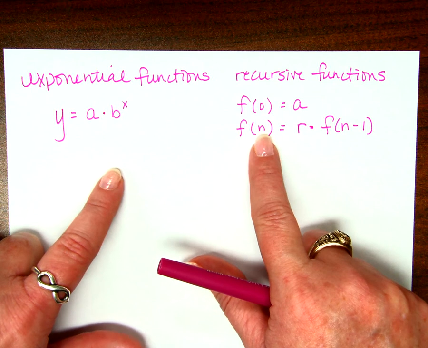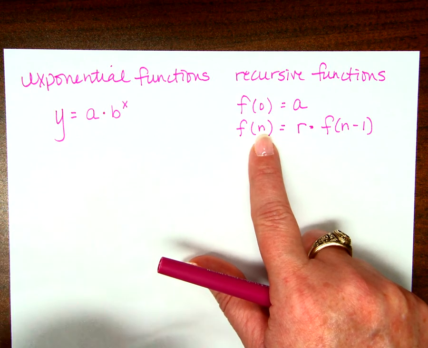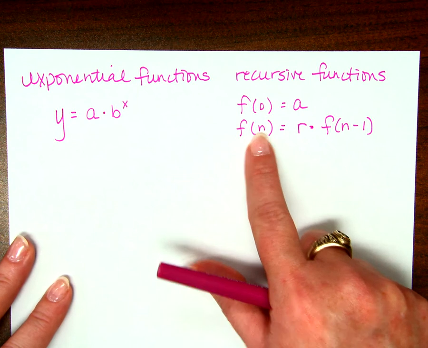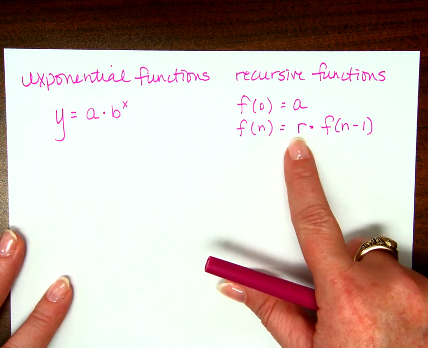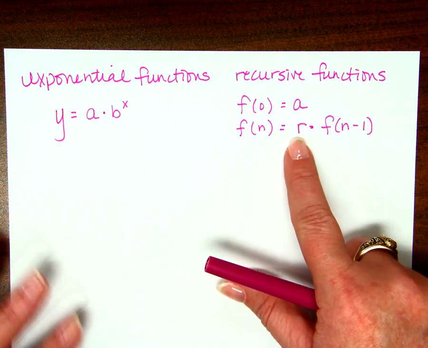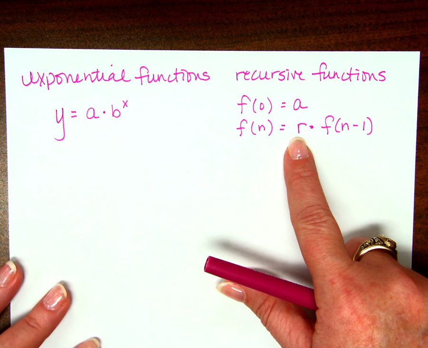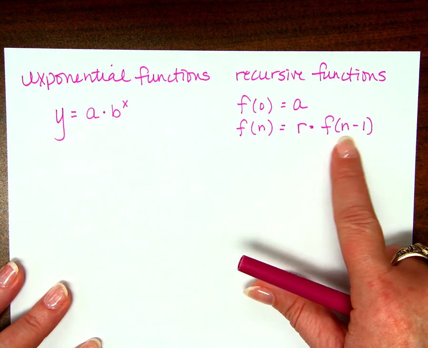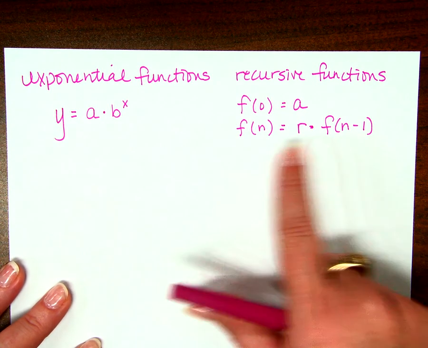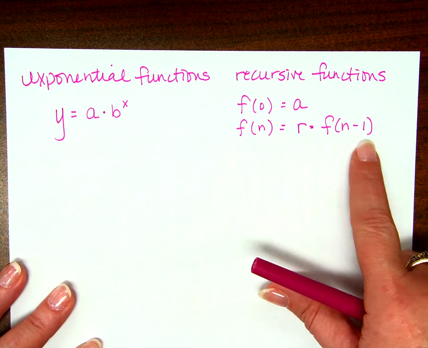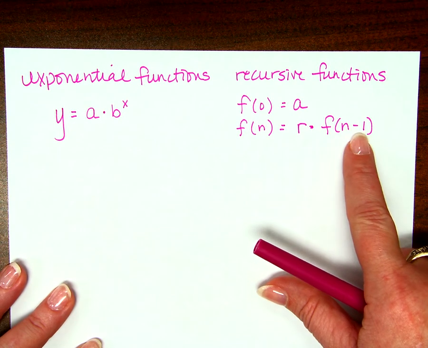F of n, that means what? Any term of the function. What do you need to know? The common ratio, right? And if I'm trying to find n, what is n minus 1?